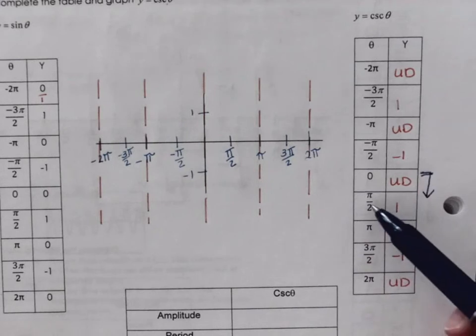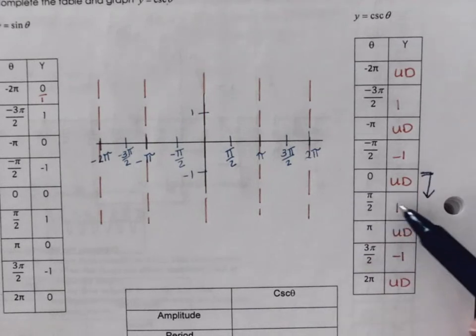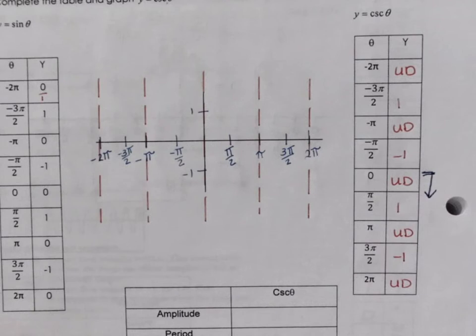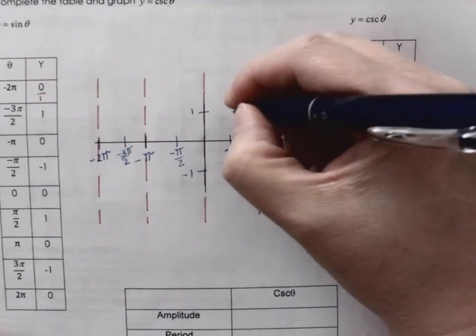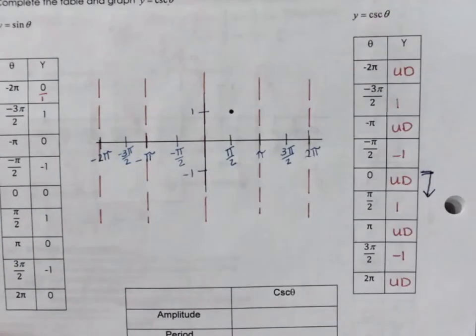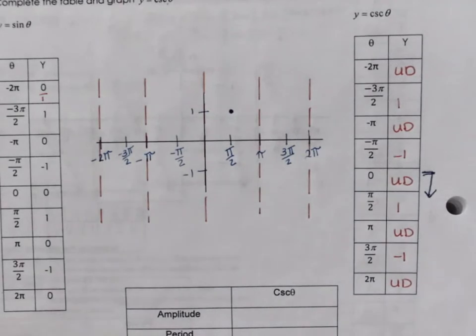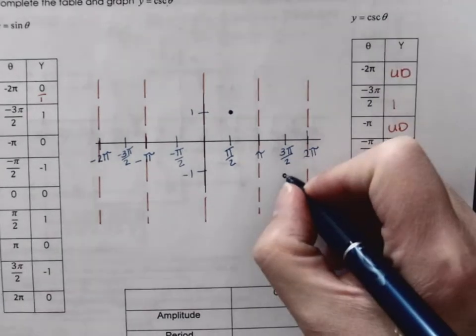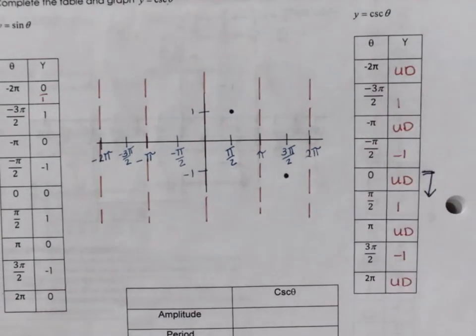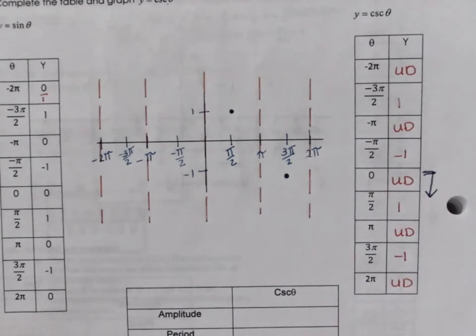So I'm starting here. At pi over 2, where am I? 1. And then the next place I'm going to be is at negative 1 here. Okay, you guys ready? It doesn't look like there are enough points to do anything with, right?